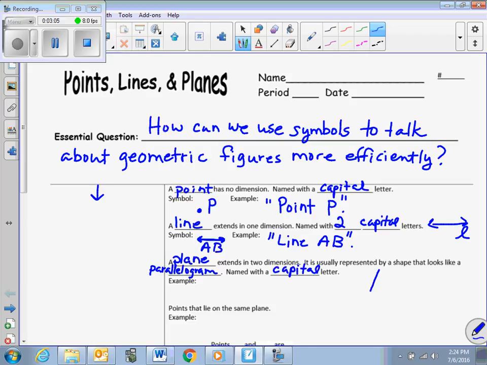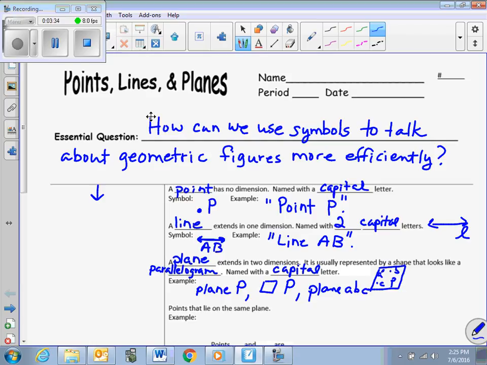Sometimes, though, you will see a plane named with three letters. So we could call this plane P, or if we have point A and we have point B and we have point C, we could name this plane P. We could mark it like this, plane P, or we could call it plane ABC.